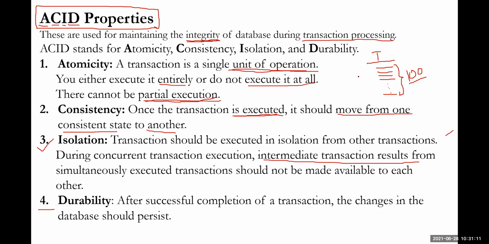Isolation means no interleaving can happen in between, while executing any transaction. Durability means the CPU must allocate time to the transaction for completion of all instructions within the transaction. So these are the 4 ACID properties. It's very important.